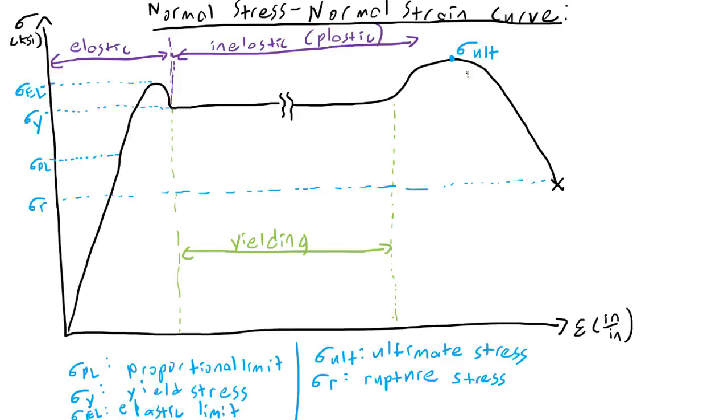Now, you do get a little more stress towards the end, basically right before the ultimate stress. This is your strain hardening region. The book will go into this in more detail.